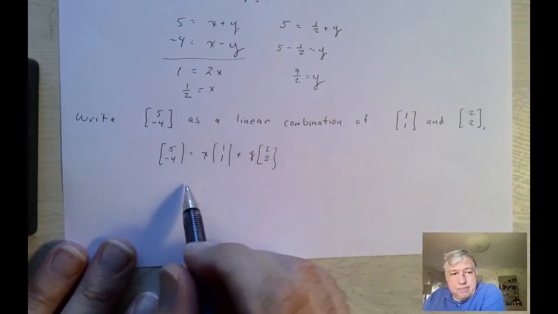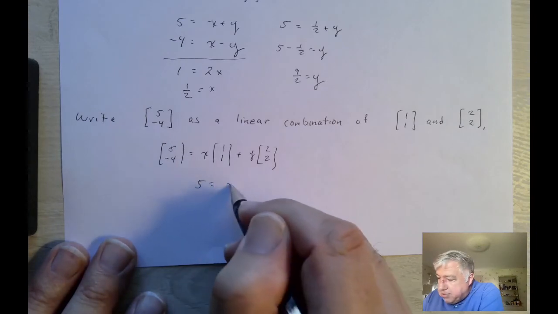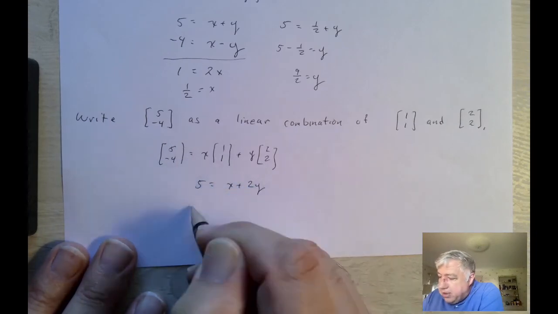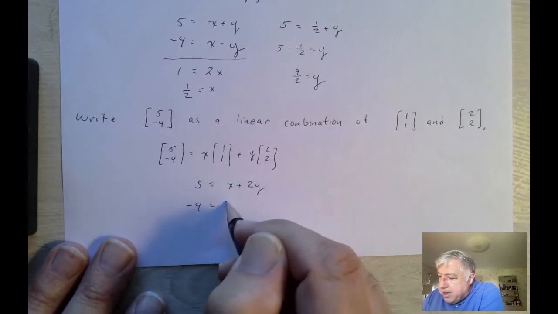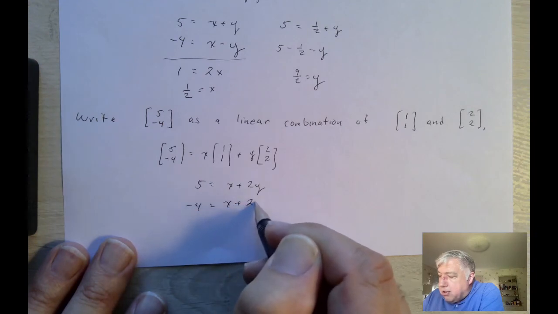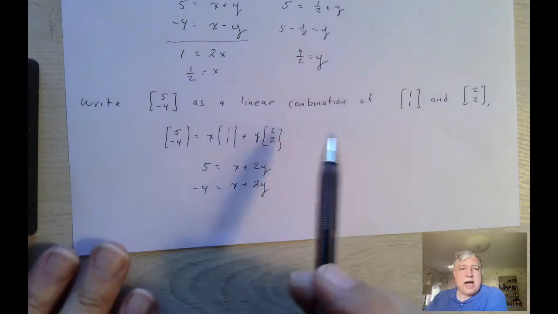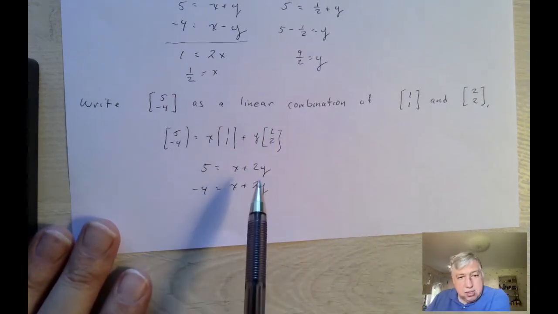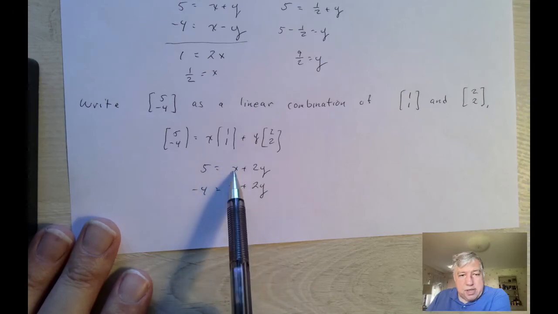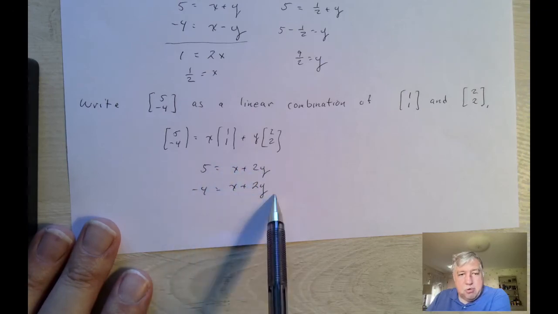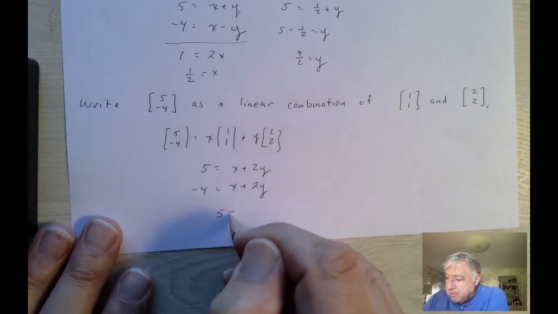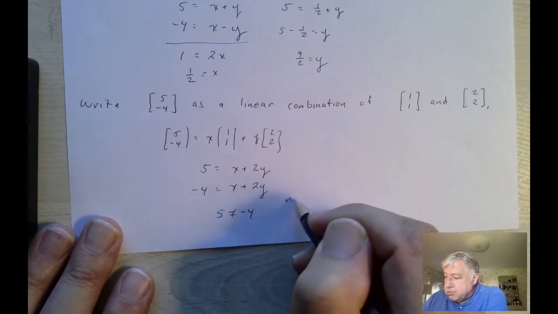And doing the same thing as before, we have 5 is equal to x plus 2y, and negative 4 equals x plus 2y. And I think you can clearly see that this is not consistent. This has no solution because obviously x plus 2y equals x plus 2y, but 5 is not equal to negative 4, right? So there's no solution here.